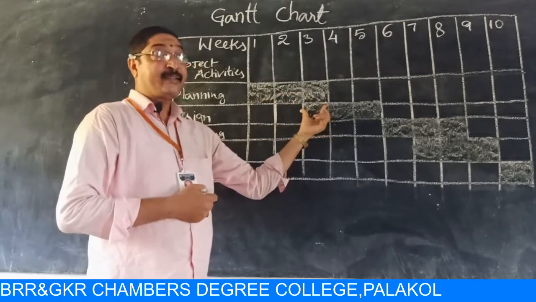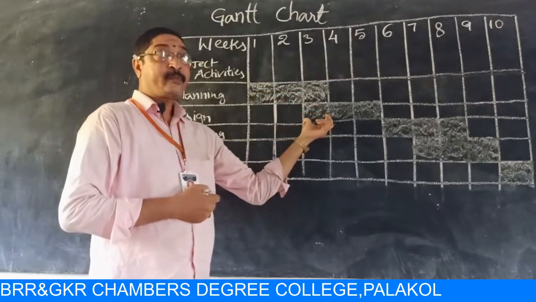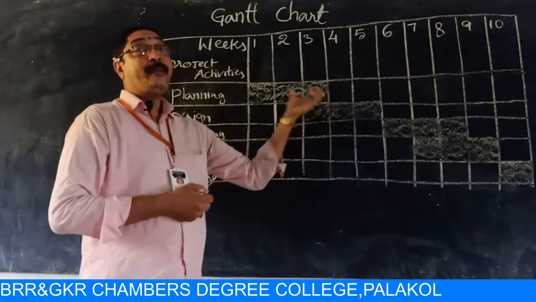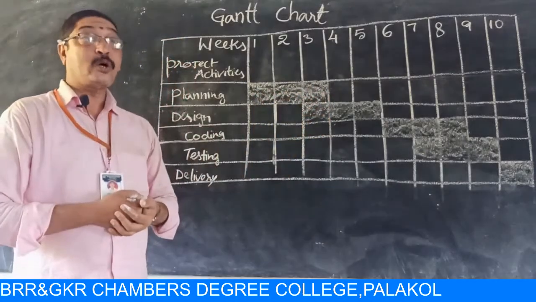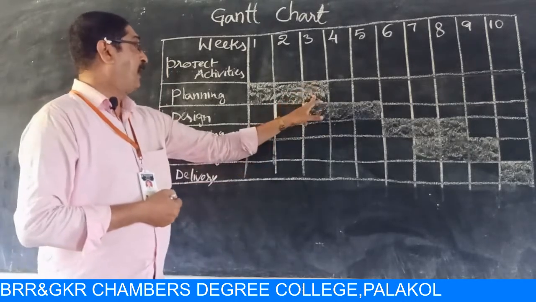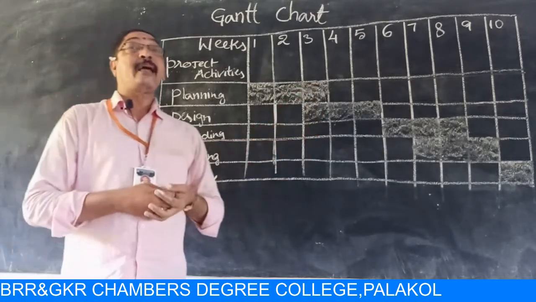In the third week, the designing of this planned work will be executed. At the same time, simultaneously, the remaining planning work will be executed. That means in the third week, 2 tasks will be executed. Planning and designing, these 2 will be performed simultaneously.